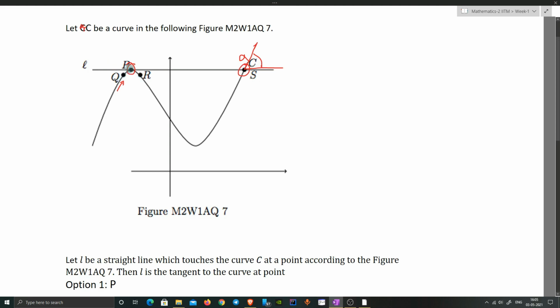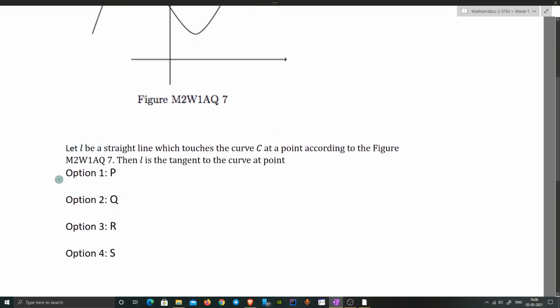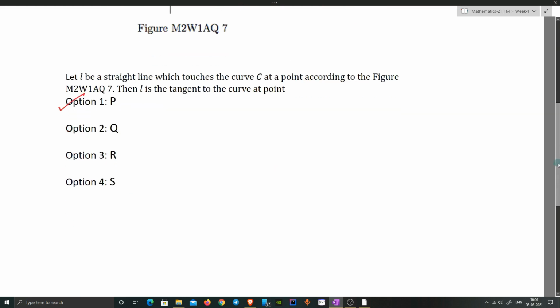Somewhere here I have drawn an exaggerated figure. Let's say this is the point P. At point P the line is also moving here, so the direction of the graph as well as the line is the same at point P, right? So point P is the point where L is a tangent to the curve C.